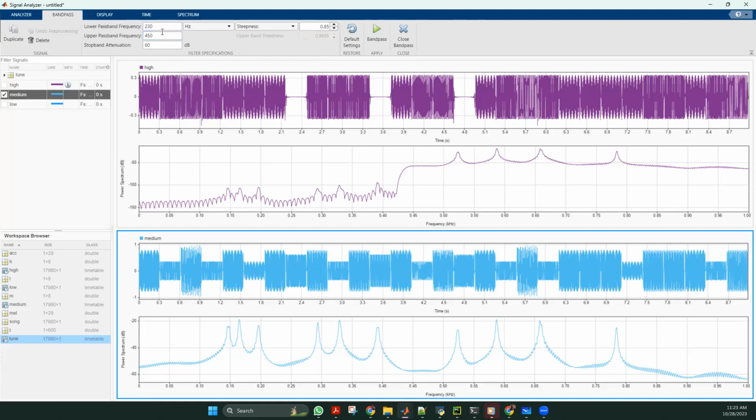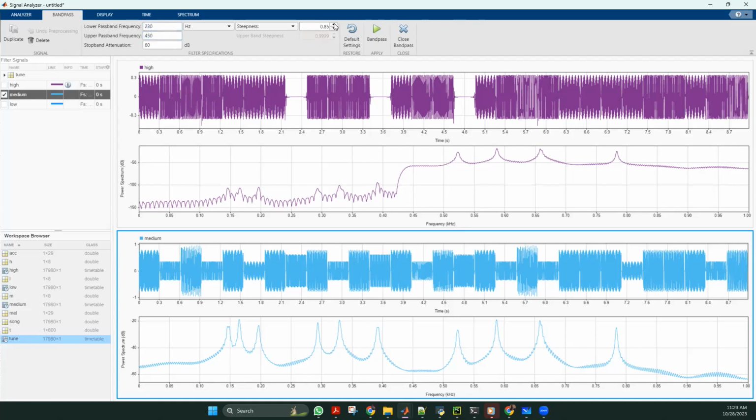Those are the frequency values I'm defining as the passband, the lower passband frequency and the upper passband frequency, right? So in band pass filters, we have the lower passband frequency and the upper passband frequency. Those two values I define here as 230 Hertz and 450 Hertz.